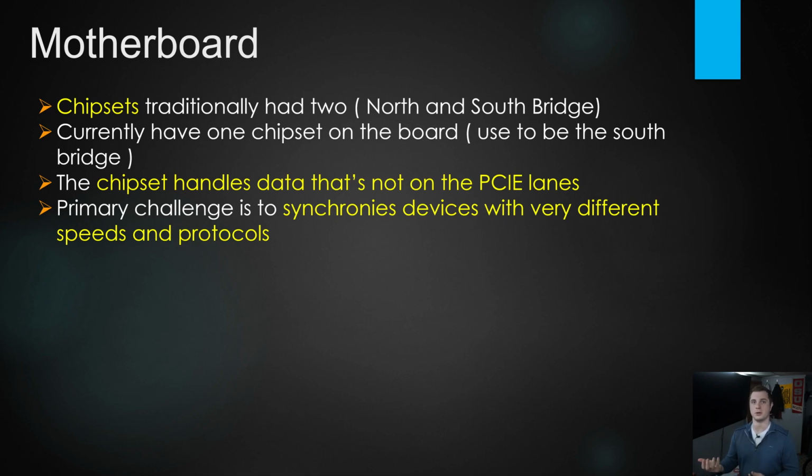So there's quite a bit of overhead to the Southbridge communicating with all those devices, but that's what the Southbridge did. The reason they are separated is because it's much more efficient to talk to your faster devices than to have it all on one bridge or chipset and be bottlenecked by your slowest device. So the Southbridge allowed for your fast components to be fast, essentially.